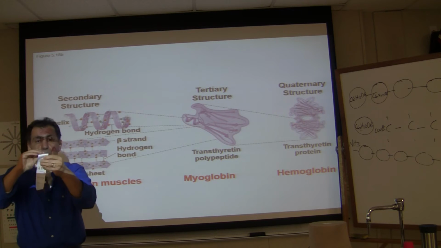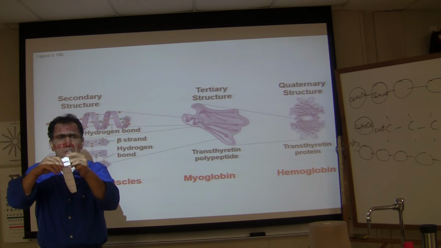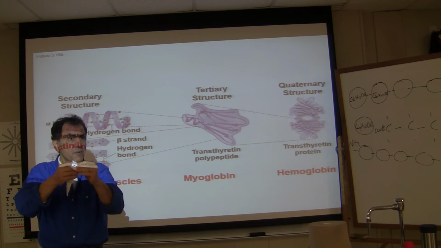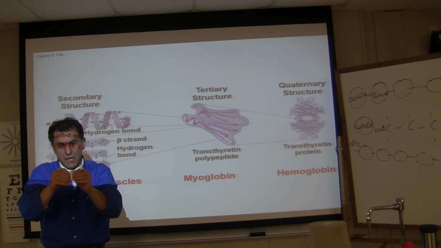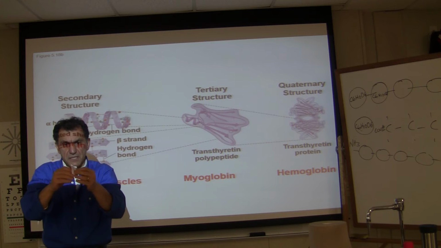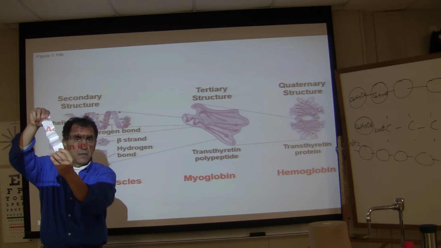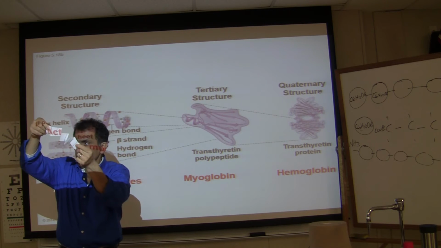Pleated. Have you seen those pleated skirts? You know what I'm talking about? Pleated pants, pleated skirts. You're all familiar with that term? If you don't know what that means, here, this is pleated. That's pleated.